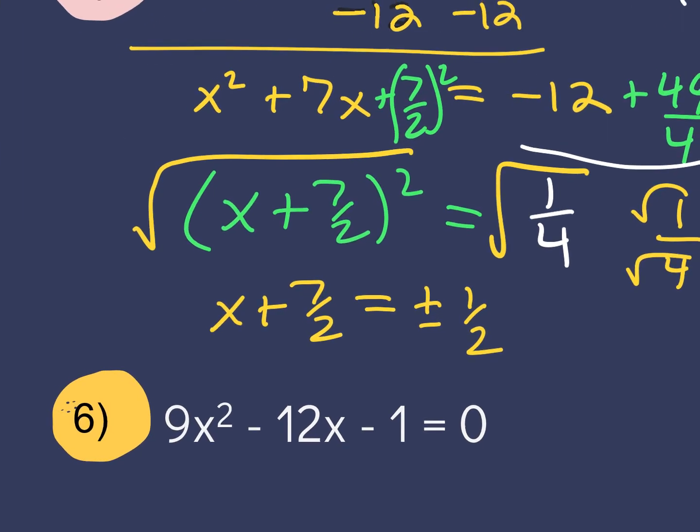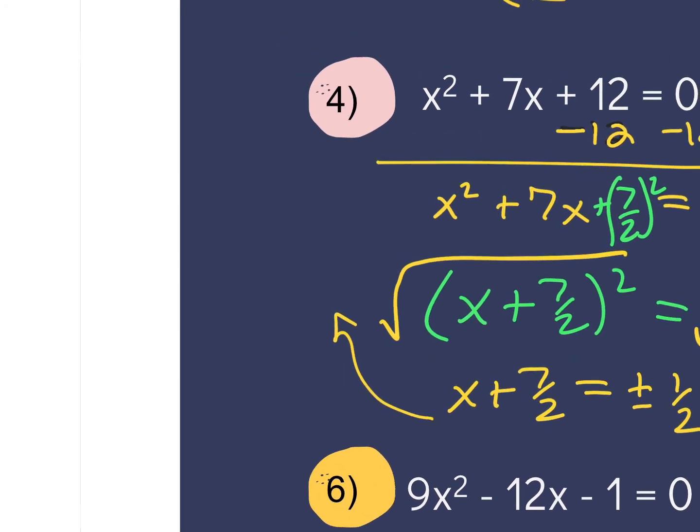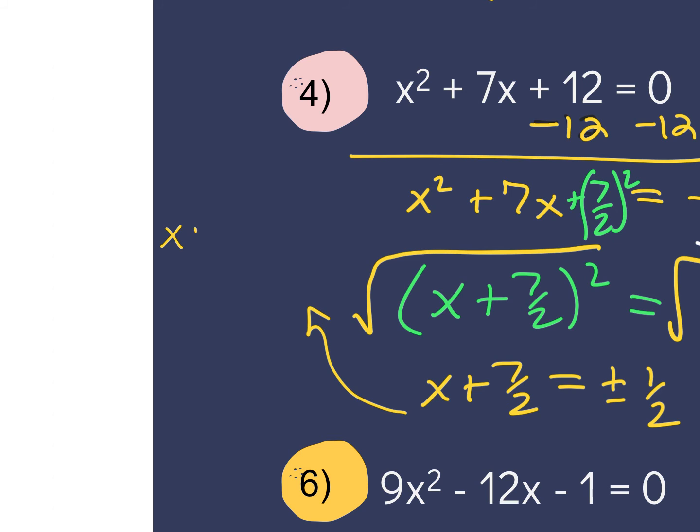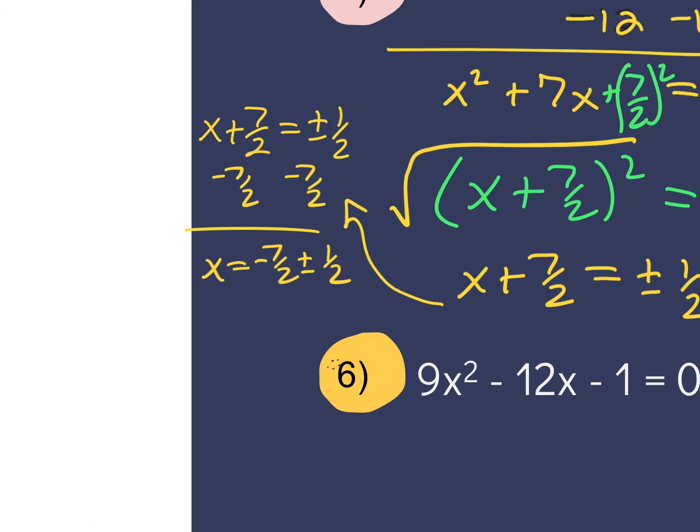So, I know I've run out of room. Let me move this over to here. So I now have x plus 7/2 equals plus or minus 1/2. I'm going to move the 7/2. X is equal to -7/2 plus or minus 1/2. So now what I need to do here is do two problems.